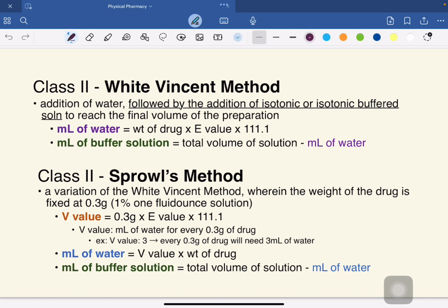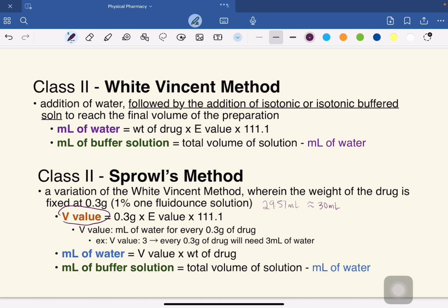If you recall, 1 fluid ounce is 29.57 ml or around 30 ml. Kaya naging 0.3 grams. So for your Sprouse method, it uses what we call a V-value. So the V-value is 0.3 grams times E-value times 111.1. So when we say V-value, this is the volume of water for every 0.3 grams of the drug.